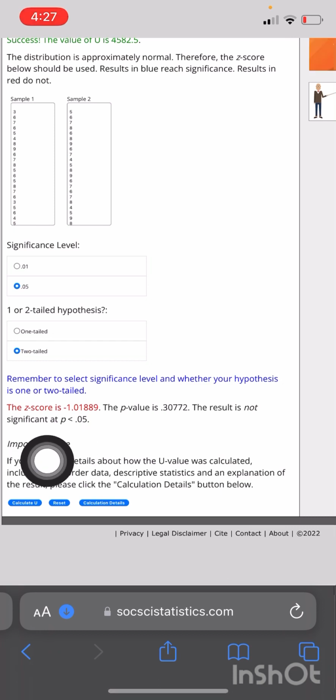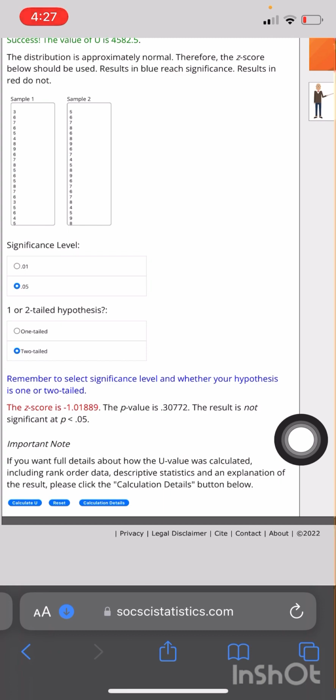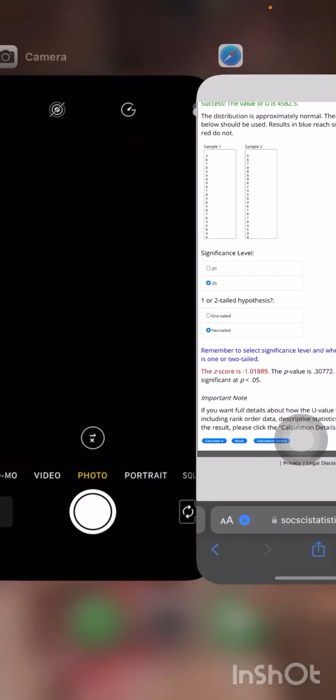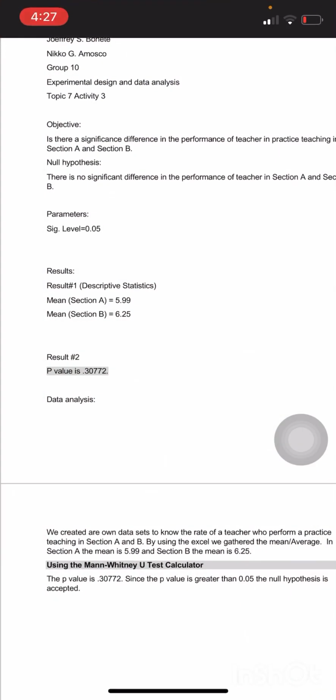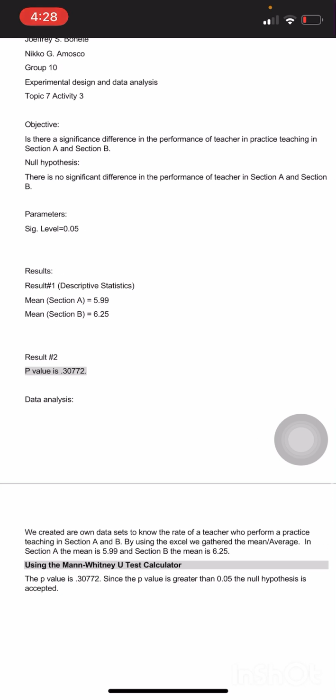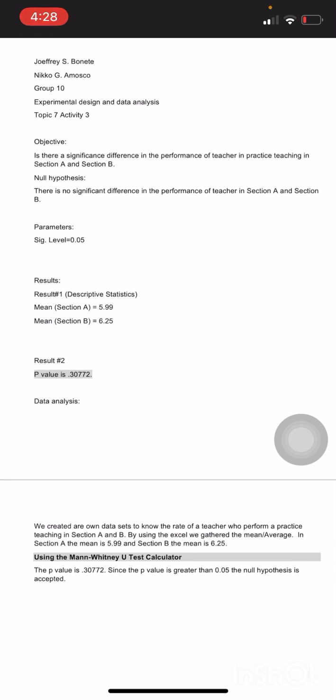So it means the null hypothesis was accepted. The p-value is 0.30772. Since the p-value is greater than 0.05, the null hypothesis is accepted.